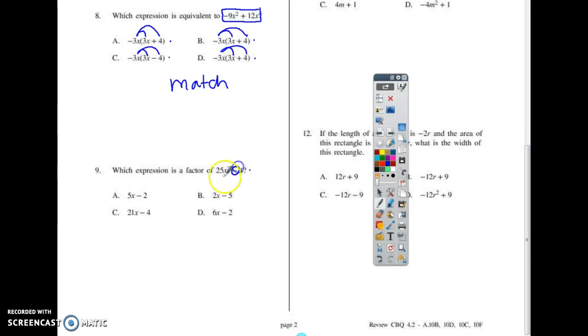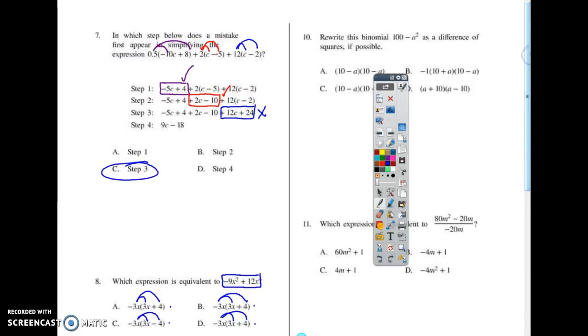Difference of two squares. So remember, it goes like this: once plus, once minus. Take the square root of 25x squared and take the square root of 4, figure it out, and see which one of these is one of those factors. Okay, I'm not going to do it.